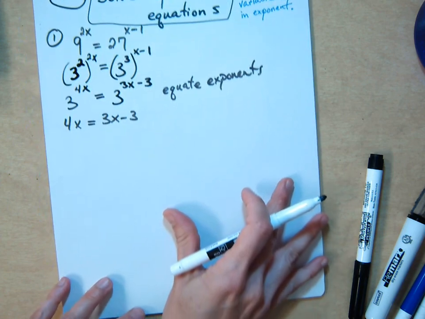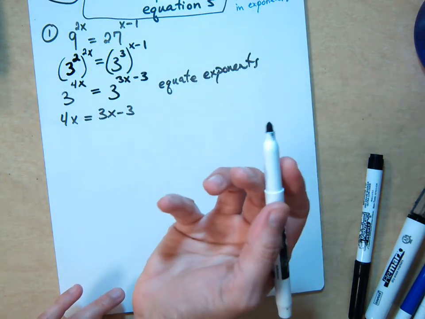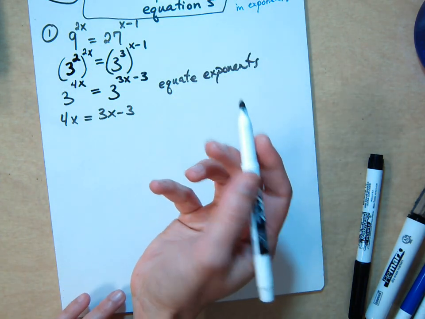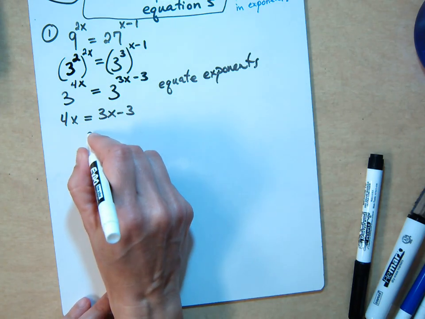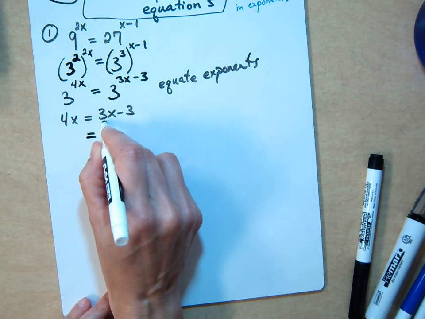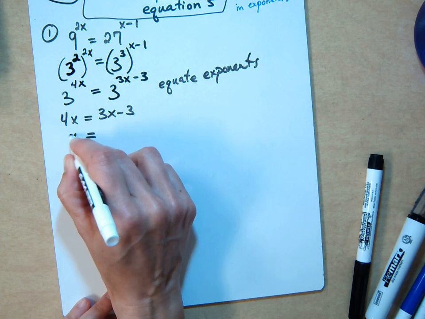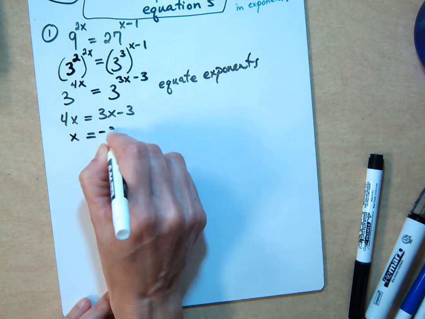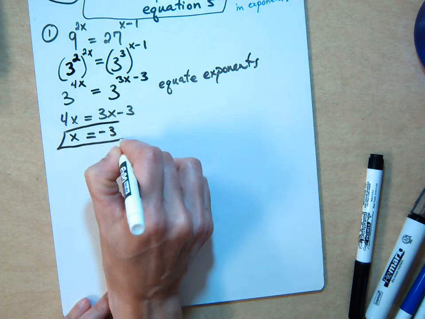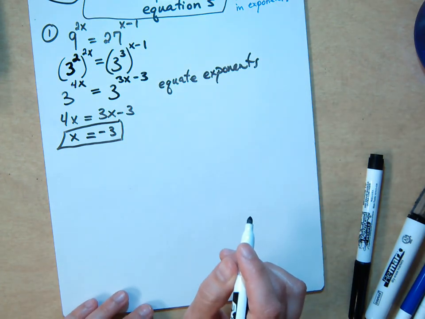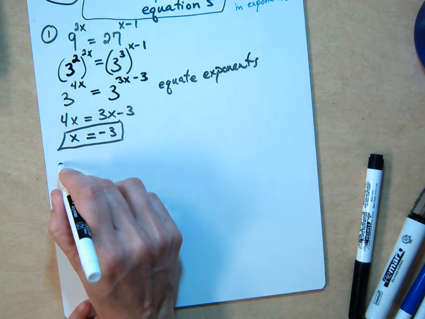So we don't need those bases anymore because they're the same, and now we have a basic linear equation to solve for x. So you would just subtract 3x from each side. Minus 3x gives you x equals -3, and that is, I've solved for x.